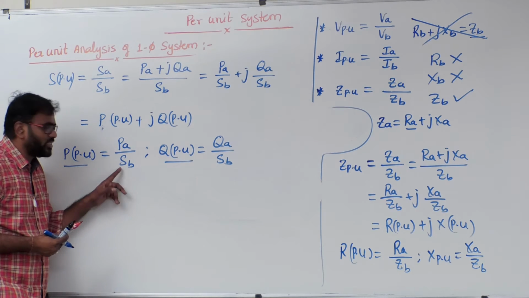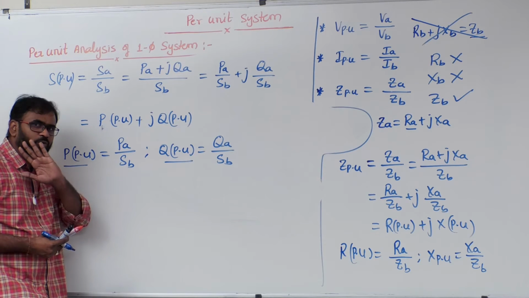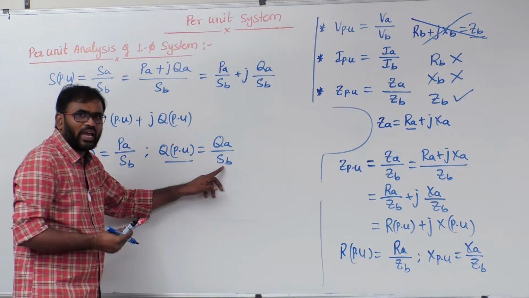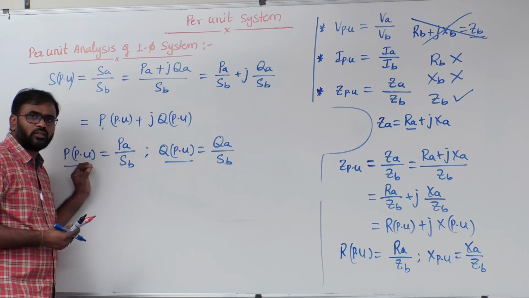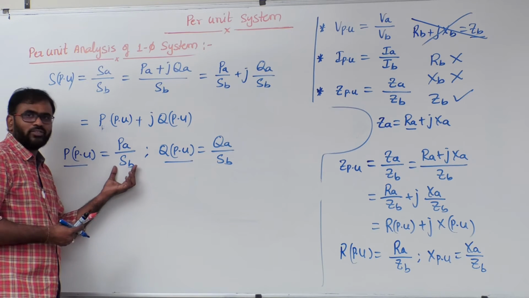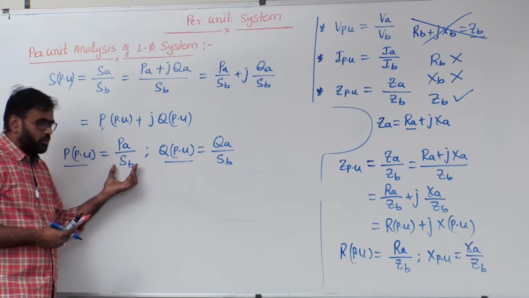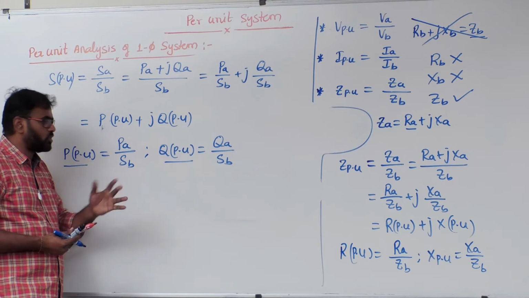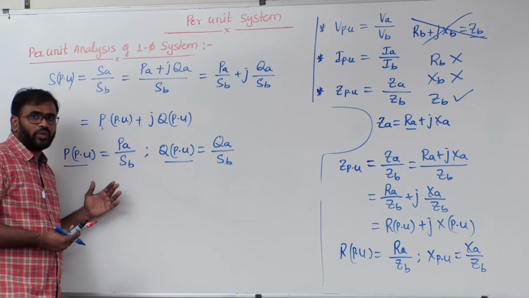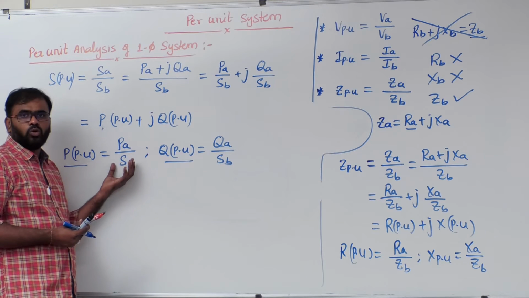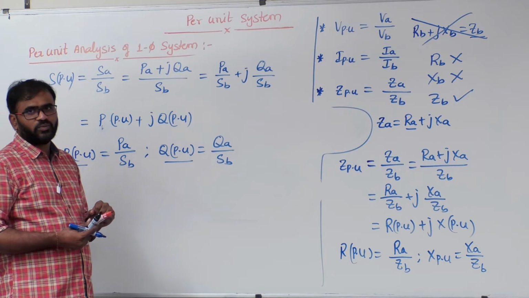There is no existence of P base. Active power base will never exist. Similarly, reactive power base also will not exist. Only S base exists. P base, Q base will never exist. So you should be very careful with S base and Z base.